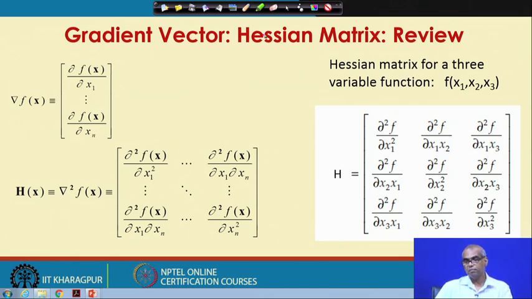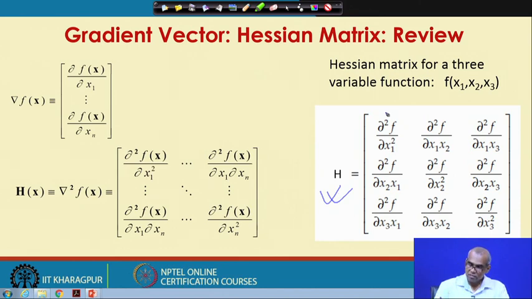So, if you have a function with 3 variables x 1, x 2 and x 3, and if you consider all possible second order partial derivatives, you will have 9 components. So, the matrix of these 9 components is known as Hessian matrix.